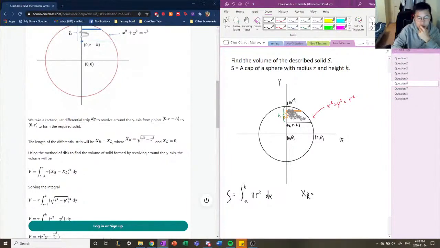We can define it as the square root, the distance function, of r squared minus y squared. If you think about it, this is our radius here, and this is the radius of our circle. We can say that the distance will be r minus y. By doing so, we can plug this into our equation here. I don't know why I wrote s here. This should be v.